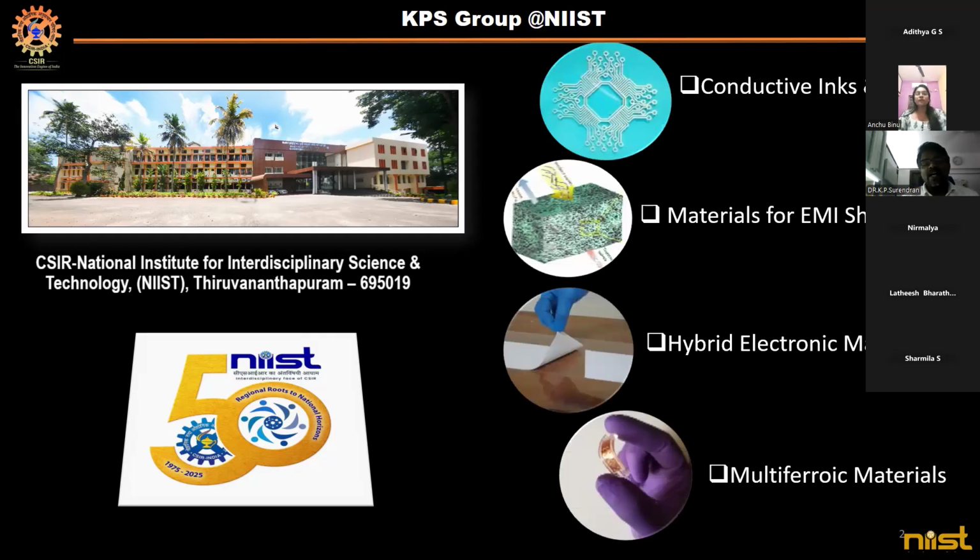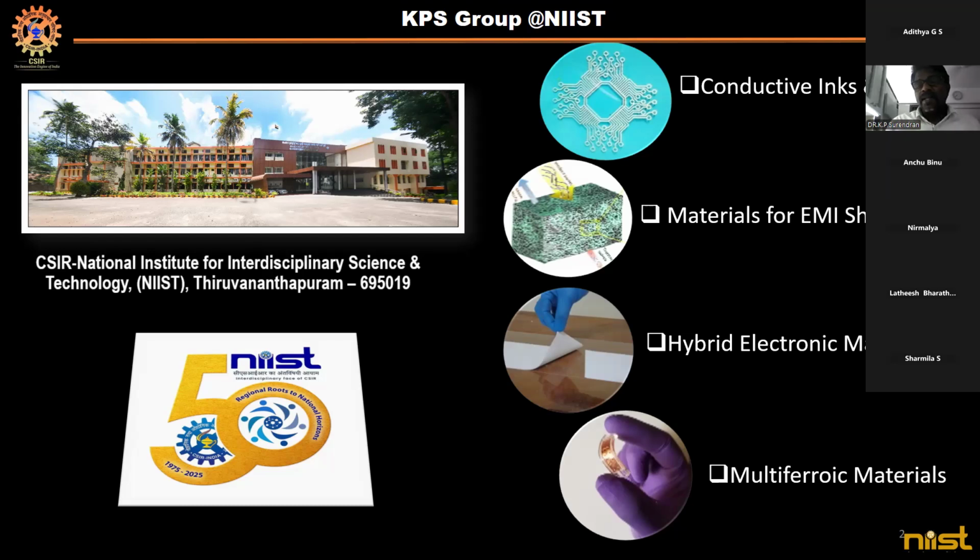These are some of the research topics that I work on here at NIIST. One is conductive inks and devices. Basically, it is all about electronics on plastic, or electronics on paper, or electronics on leather. In short, electronics on flexible substrates.